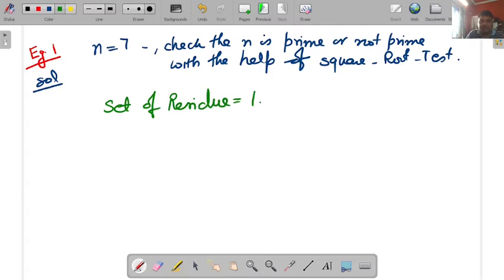Now, for that we take the set of residues. What is the set of residues? 1, 2, 3, 4, 5, 6. So here the first is n is equal to 1, and the last is n is equal to n minus 1.